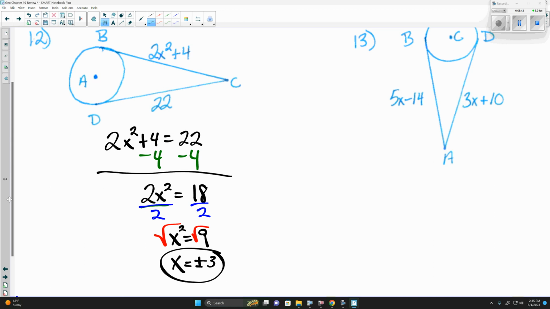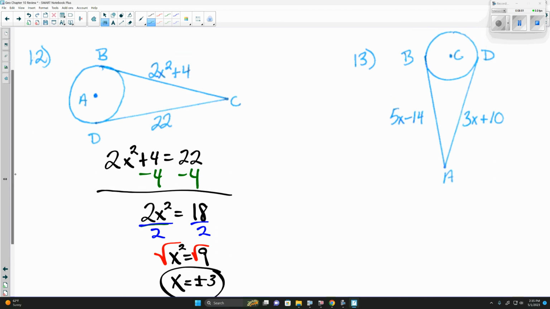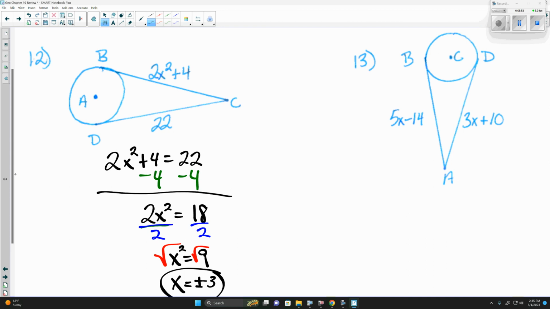Any other questions on number 12? Questions on number 13? So 13, again, these two lengths are going to be the same. So 5x minus 14 is going to equal 3x plus 10. Now, I'm going to subtract 3x from both sides first.